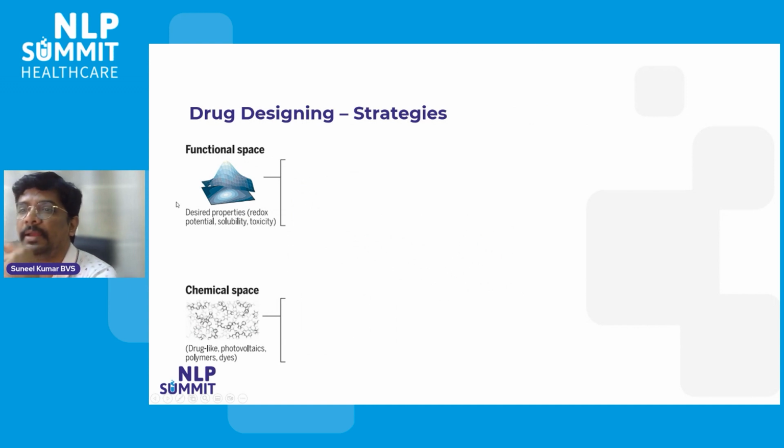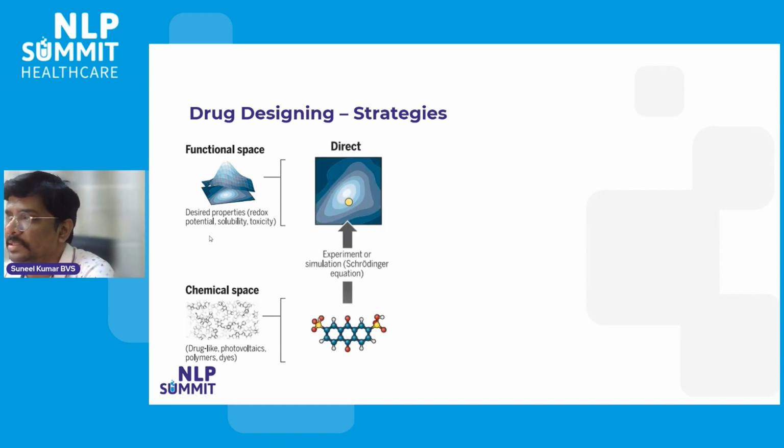Now let's say we want to design a molecule or search for the ideal candidate that matches our desired property space. One approach is the direct way: taking one compound and simulating it with the protein and seeing whether it fits well or not.